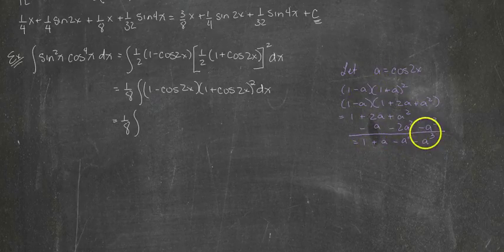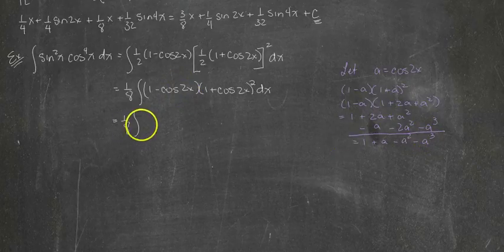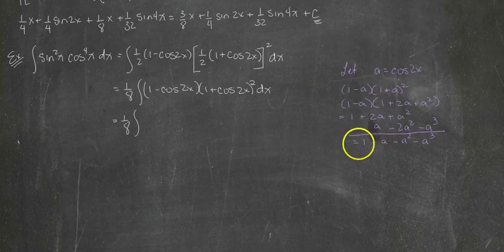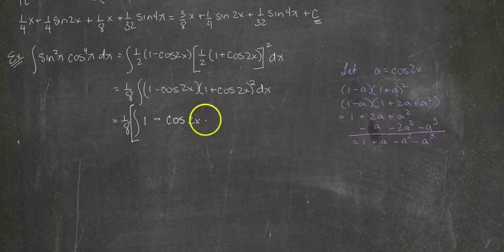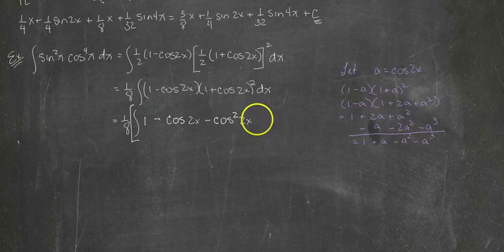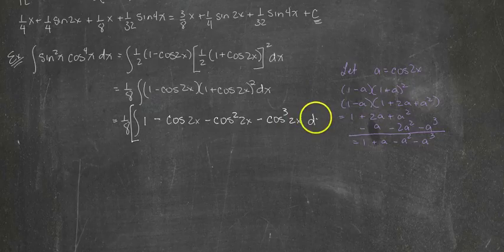But a in this case has to be my cos of 2x. So let's just put it together. I'm looking at 1, which is just 1, minus cos of 2x, minus cos squared 2x, minus cos cubed of 2x, all dx.